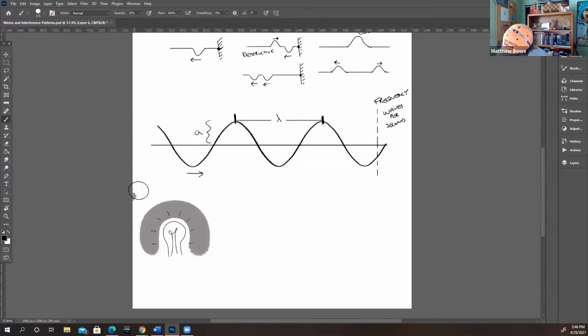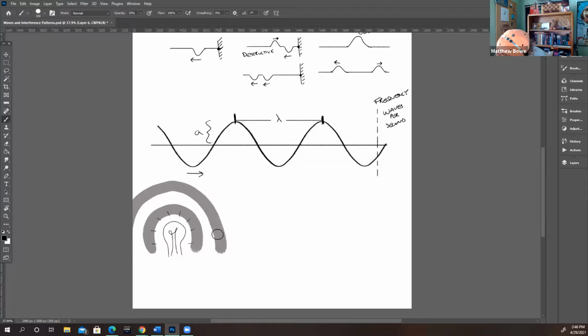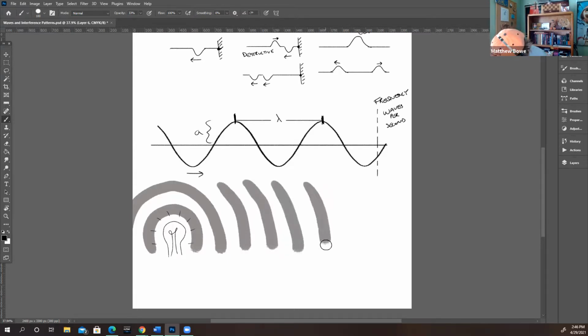Just a band. Coming off in every direction. And I'm not going to continue it. I'm just going to use the right side.